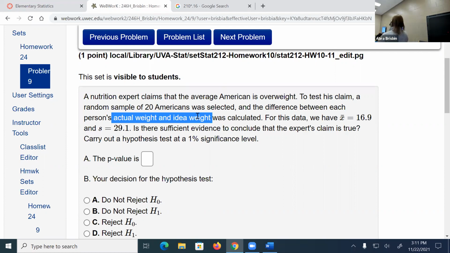What function are we using to do a paired t-test? Because your calculator does not have a function that's called a paired t-test, right? Yeah, you do a 1 sample t-test on the differences.